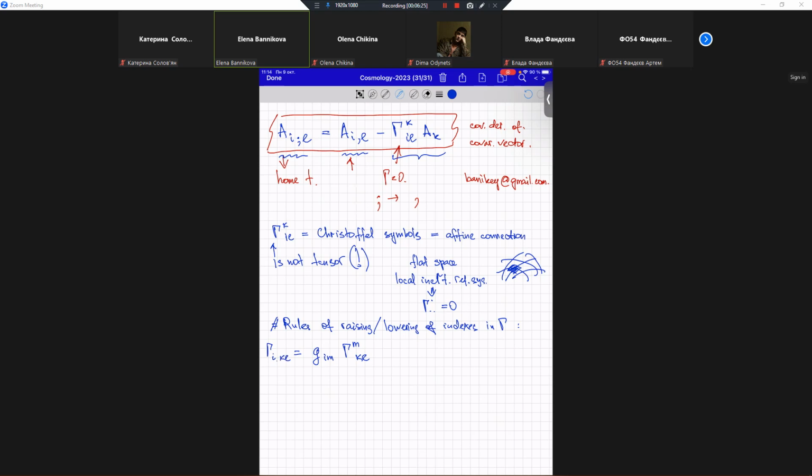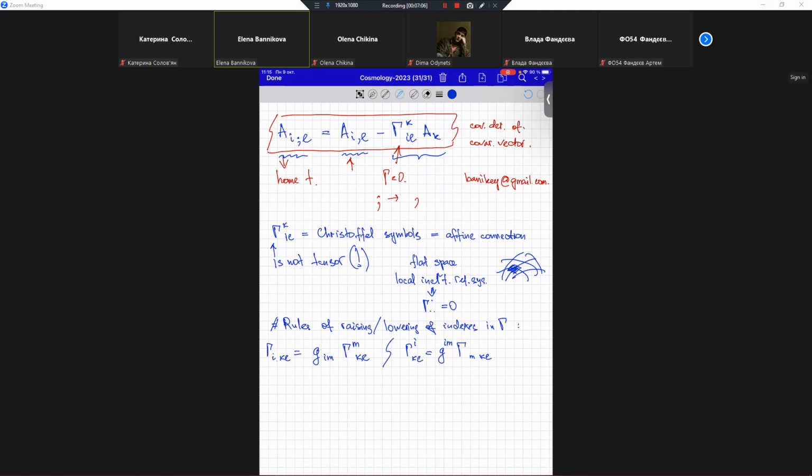Sometimes you can put a point. Otherwise, if we have gamma M KL and apply the metric tensor like this, where M is a summation index, we obtain gamma I KL. So these are in principle the rules which we would like to know.